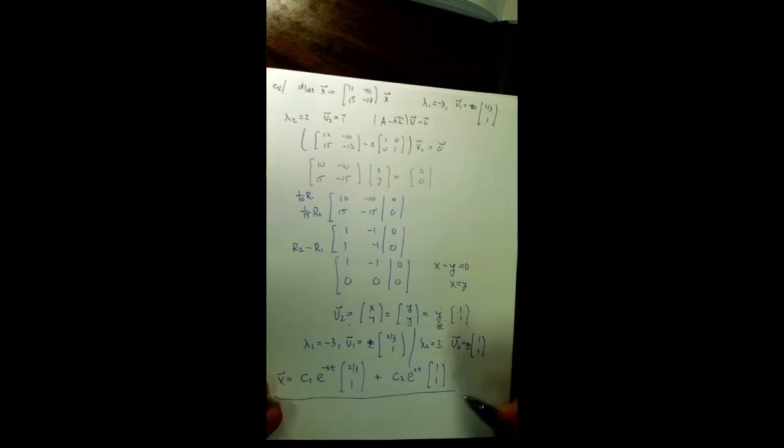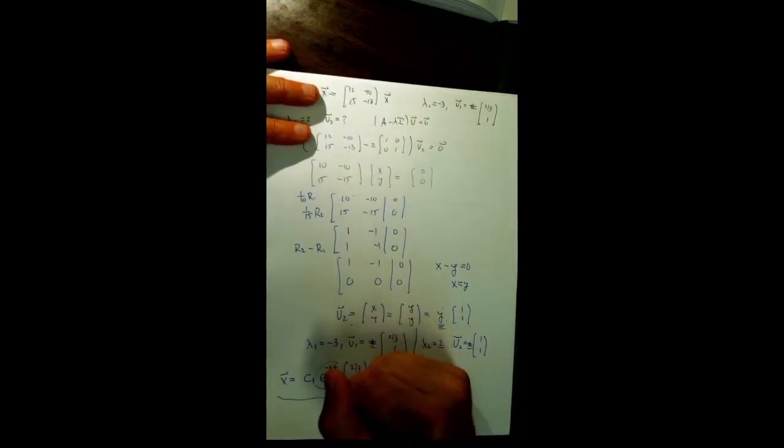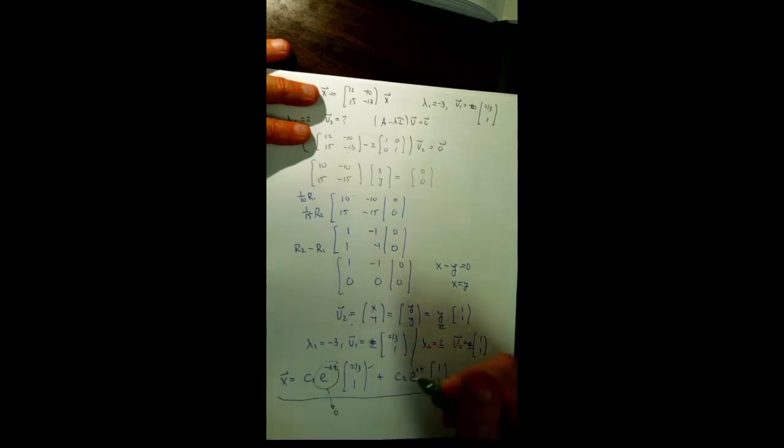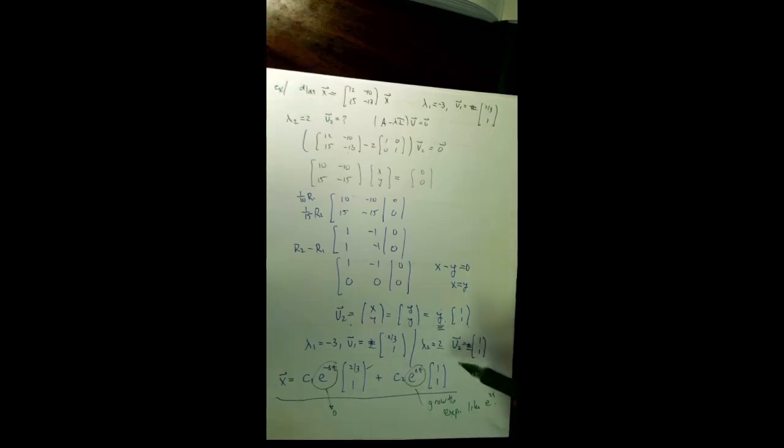So my solutions look like this. And just as before, you should be able to look at this and explain the stability or the overall behavior. This term goes to 0. But this is growth. It's exponential like e to the 2t. So we would expect solutions to this thing to grow like e to the 2t.